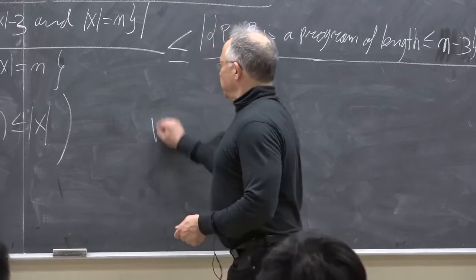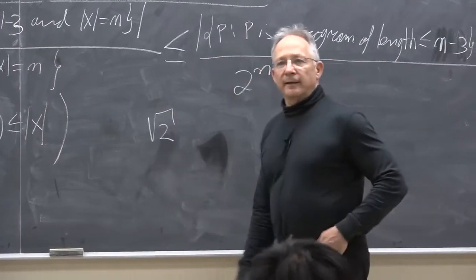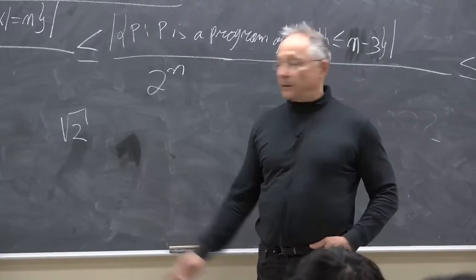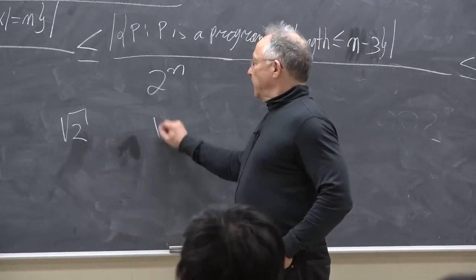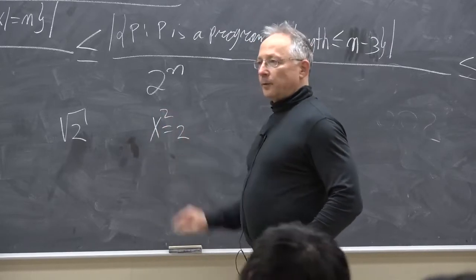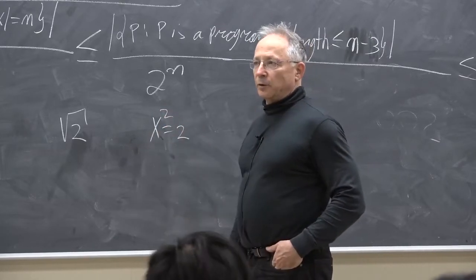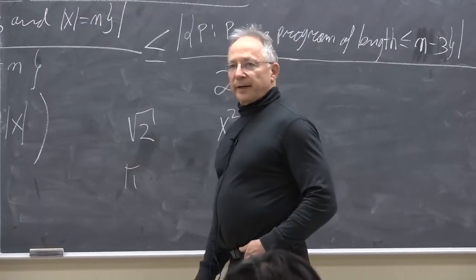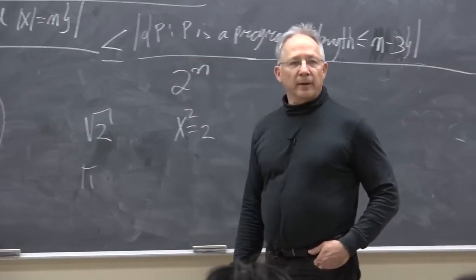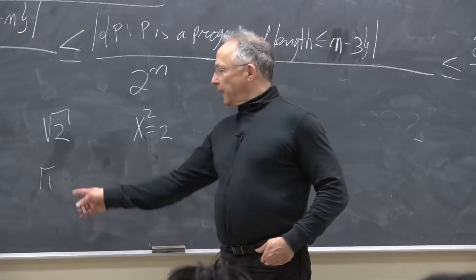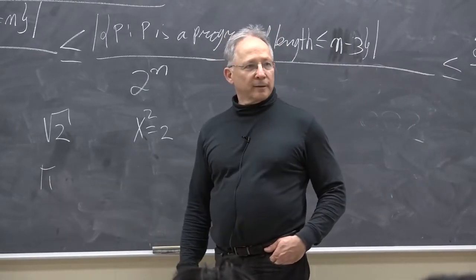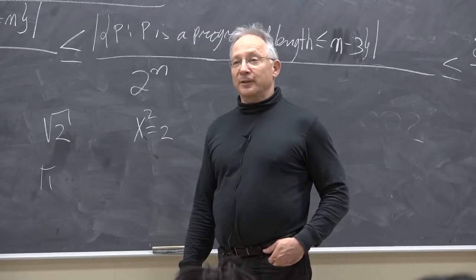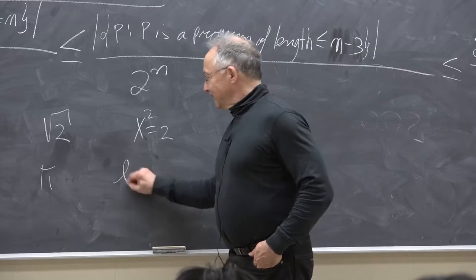Like square root of 2 is irrational, but it's algebraic because it's the solution of the equation x squared equals 2, which is a polynomial with integer coefficients. But pi is non-algebraic. I cannot write a polynomial such that pi will be its solution. And we know of another irrational number which is not algebraic, which is e.